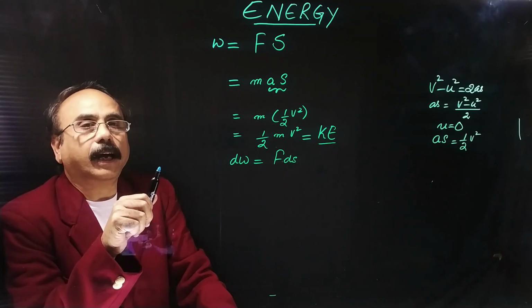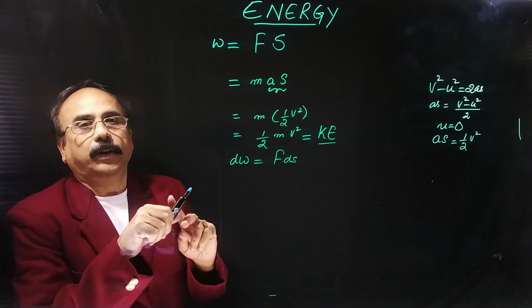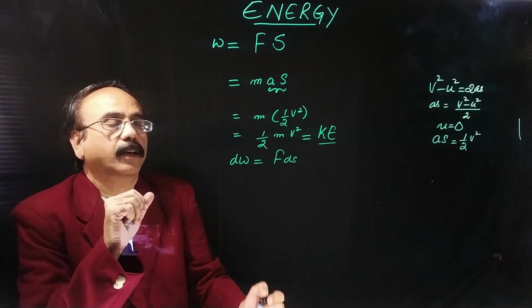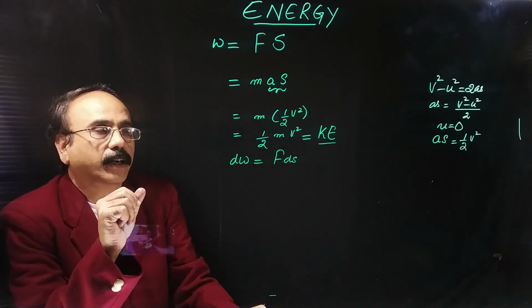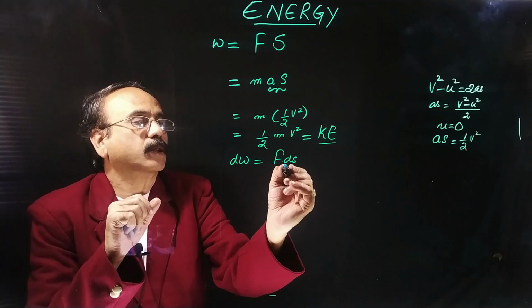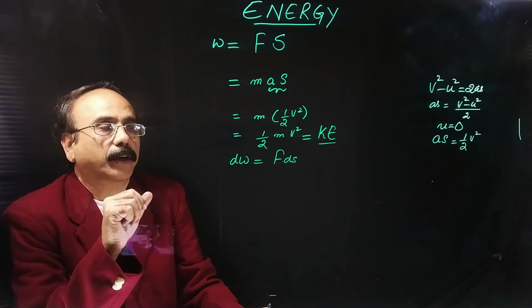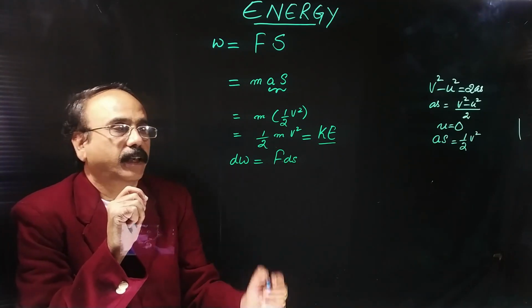Let's derive the kinetic energy formula with the help of calculus. So here first we begin with dW, the small amount of work done in moving a small displacement ds. Therefore dW can be written as F times ds.